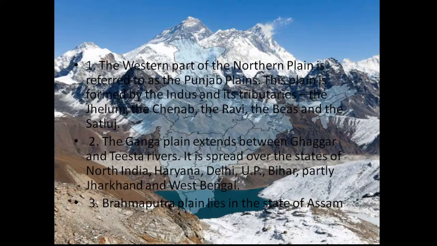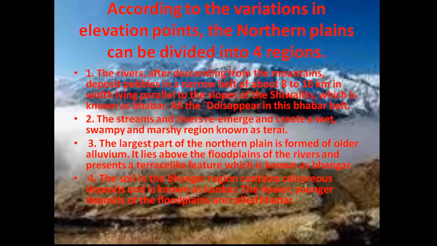After that, let's talk about the Indus. From where does the river Indus originate? The Indus originates in the Himalayas. The Jhelum, the Chenab, the Ravi, the Beas and the Sutlej are its tributaries.